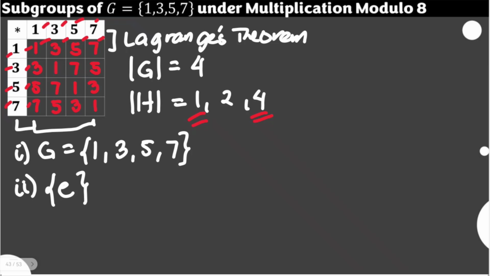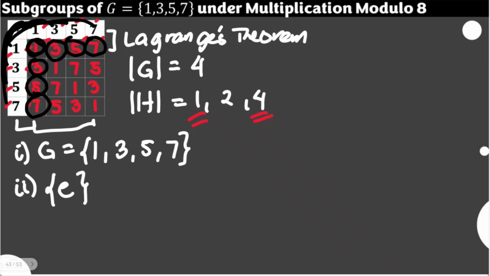If we look at this, when we have 1 star 1, the result is 1. 3 star 1 is 3. 5 star 1 is 5. 7 star 1 is 7. So when we operate all these elements by 1, they do not change. Similarly, 1 star 1 is 1, 1 star 3 is 3, 1 star 5 is 5, and 1 star 7 is 7.